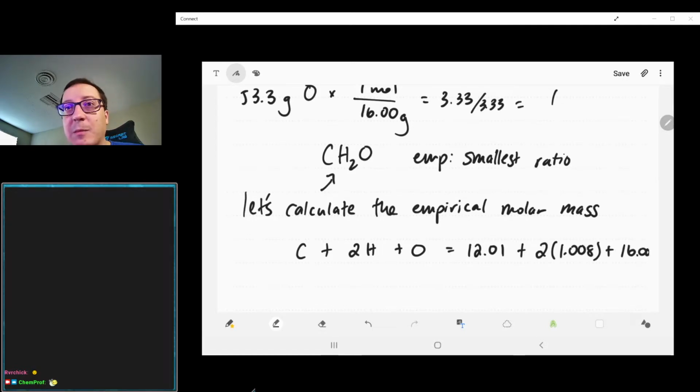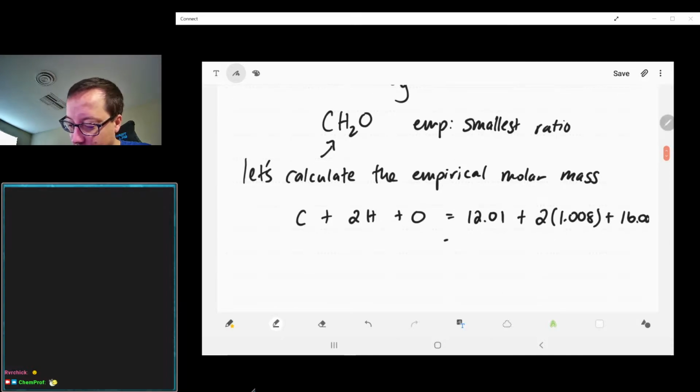Again, I'm zipping through those because I have them memorized. Take your time, look at the periodic table. It's totally okay to take some time there. Doing so, you get about 30.03, something like that.